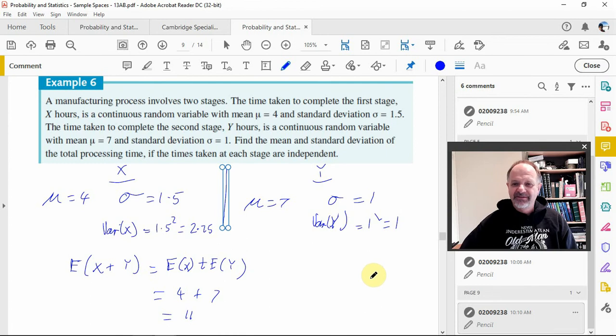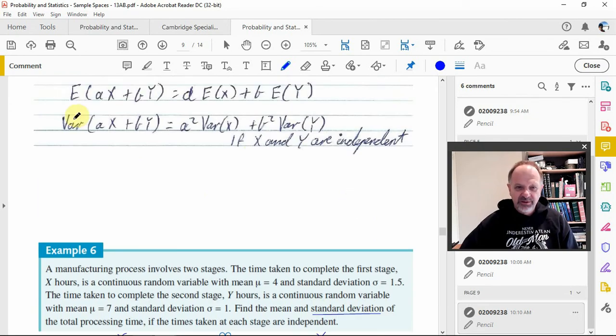Now there would be a variance on that, but we're actually asked for the standard deviation, which of course, remember, is the square root of the variance. And the relationships that we have to work with, these ones here, are about the variance.